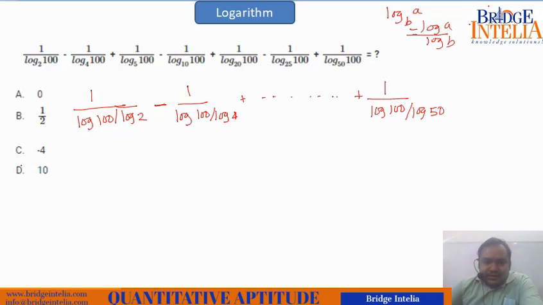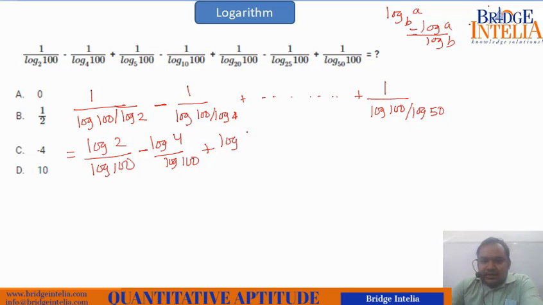So this can be rewritten as log 2 by log 100. Please mind the use of minus and plus. Don't ignore this sign, otherwise you will get the wrong answer. So minus log 4 by log 100, plus log 5 by log 100, and so on, up till the last term which is plus log 50 by log 100.